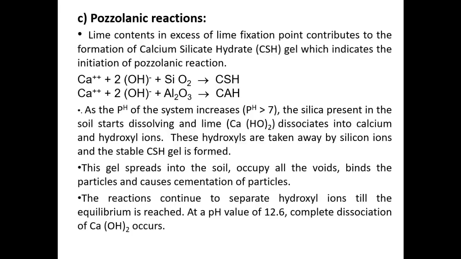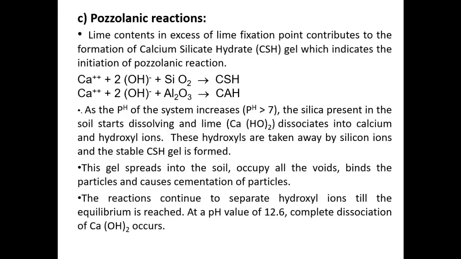As the pH of the system increases, that means if the pH value is greater than 7, the silica present in the soil starts dissolving and calcium hydroxide dissociates into calcium and hydroxyl ions. These hydroxyls are taken away by silicon ions and the stable calcium silicate hydrate gel is formed.